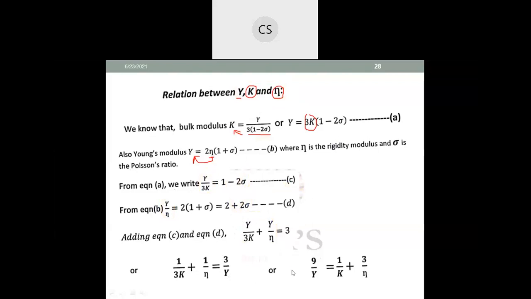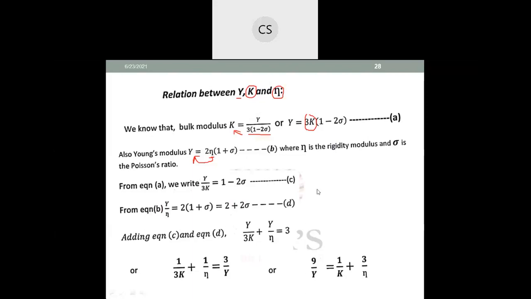Now just make the expression simple. There is a 1 by 3, so multiply by 3. Then 3 into 3 is 9, so 9 by Y is equal to, the 3 gets cancelled, 1 by K plus 3 by eta.